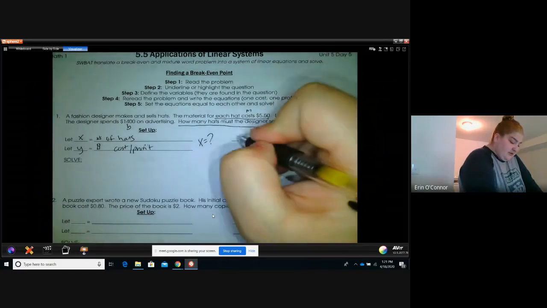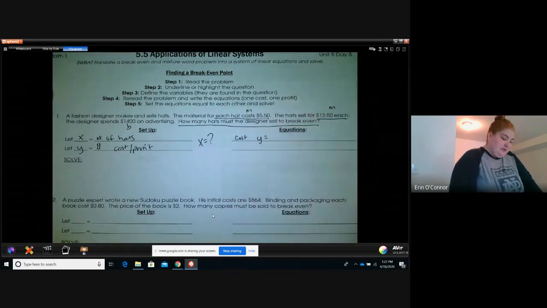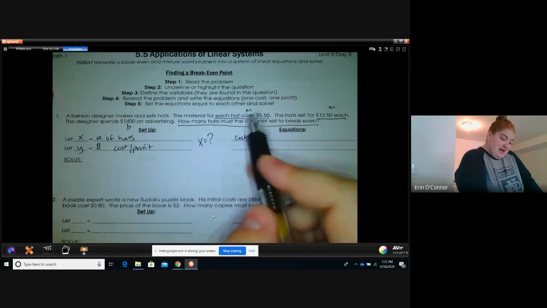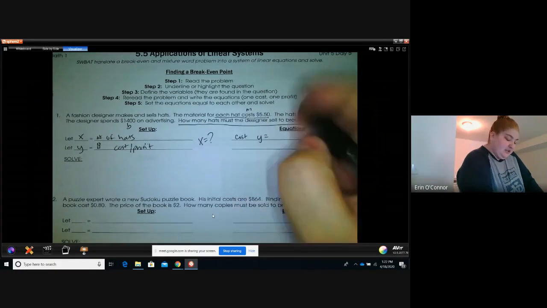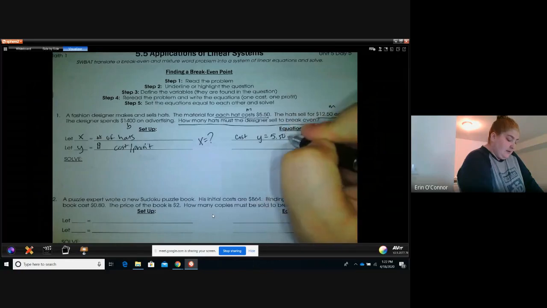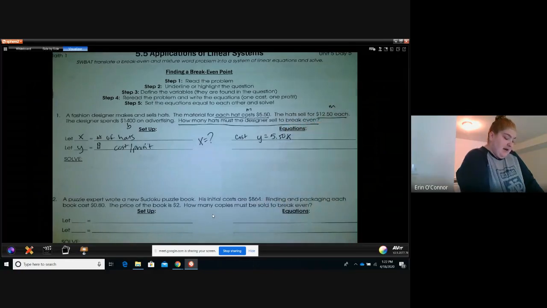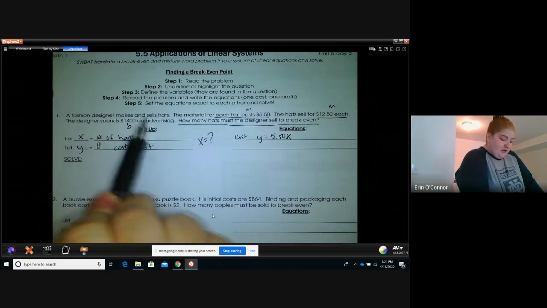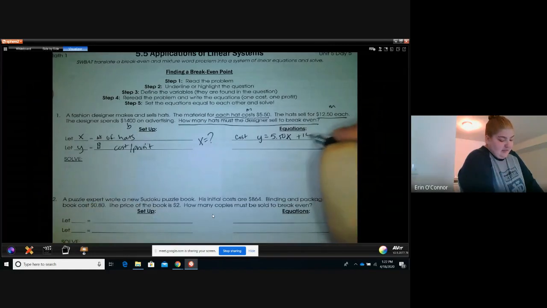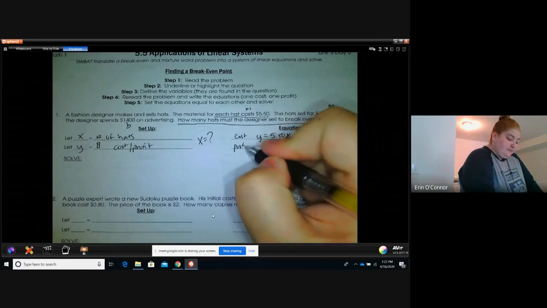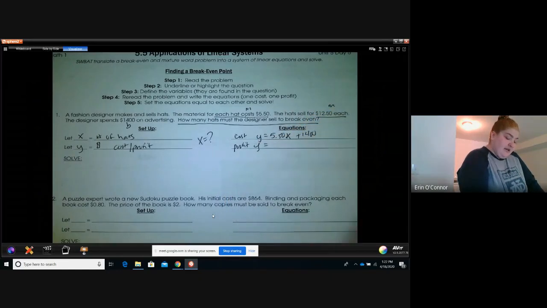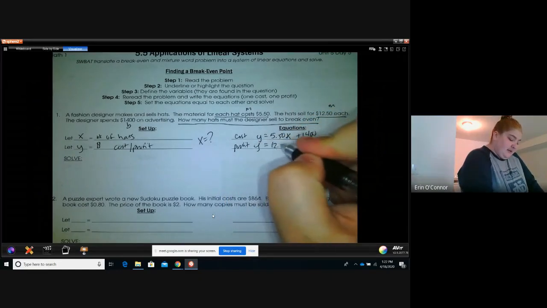Let's write our equation. So our cost equation first is y equals, and then it costs $5.50, that's your slope, x, and then they spend an extra $1,400 on advertising, that's your y-intercept here. And then your profit one: y equals, they make $12.50 each.